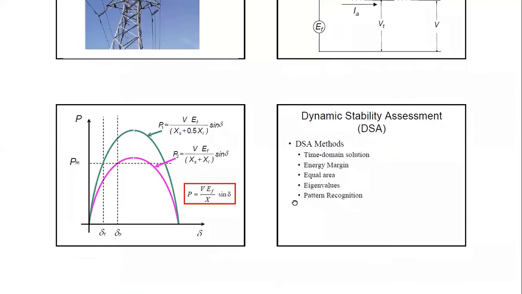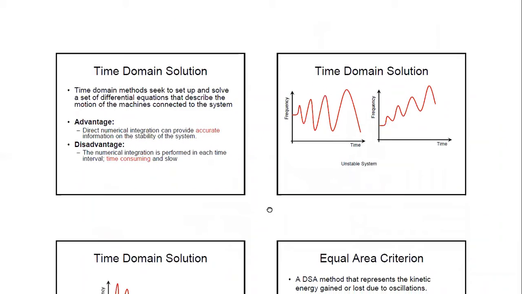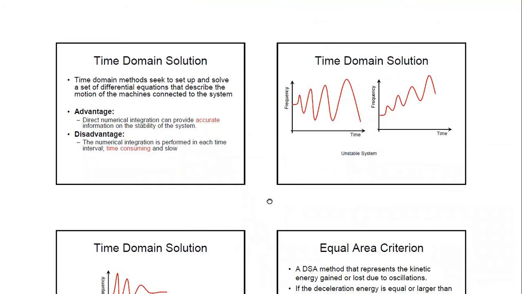For the dynamic stability assessment, we have different methods, which include time domain solution, energy margins, equal area criteria, eigenvalues, and pattern recognition. Let's see the time domain solution. The time domain method seeks to solve the differential equations that describe the motion of the machine connected to the system.